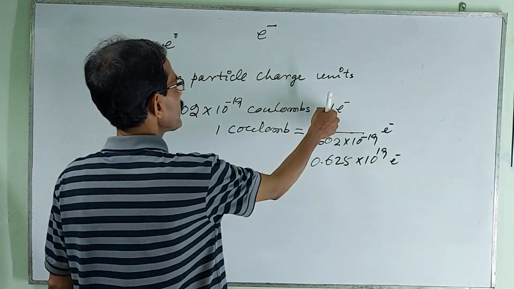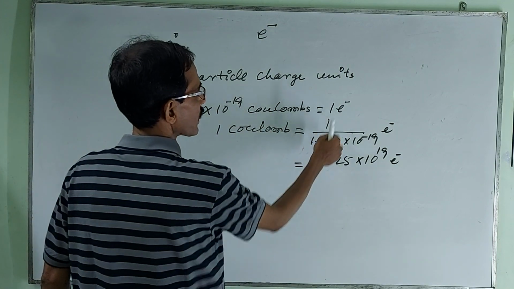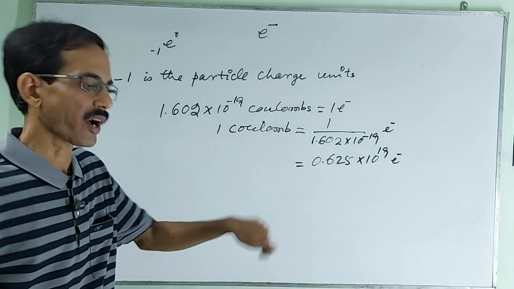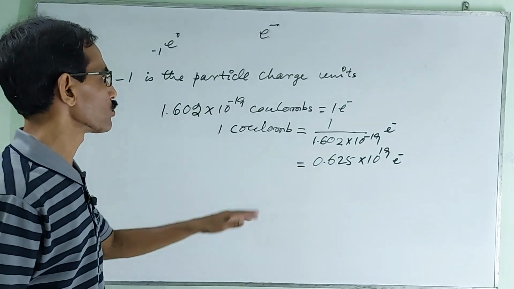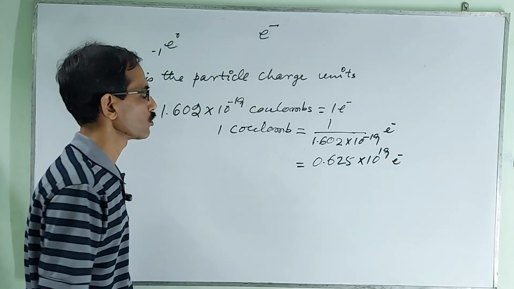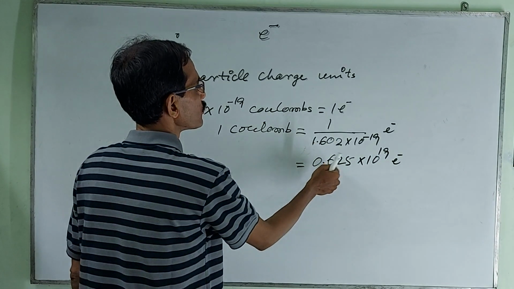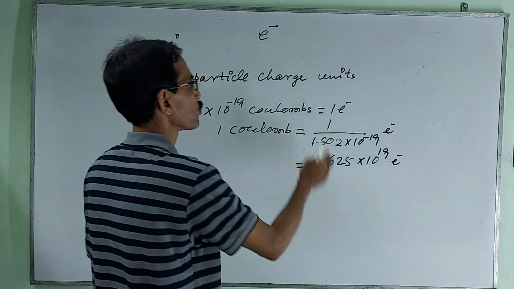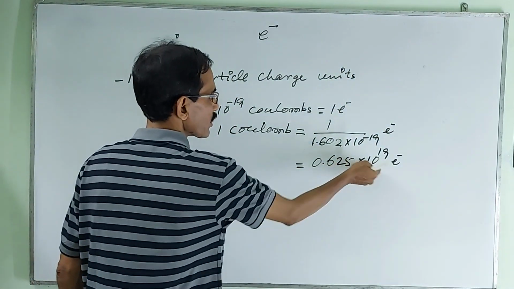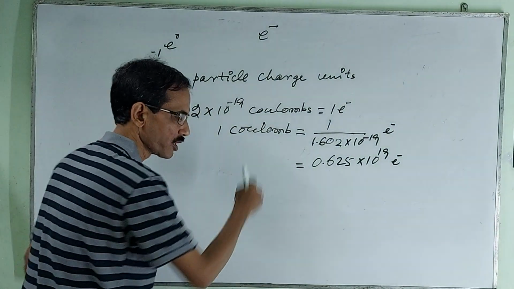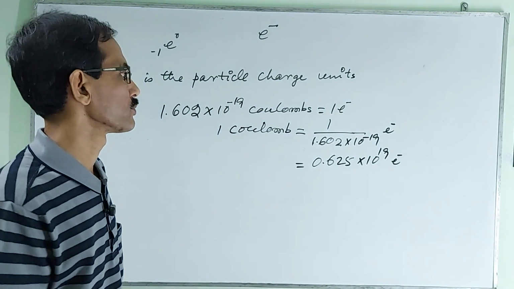This is 1 divided by this. This amount of electrons will have to pass if you want to pass 1 coulomb charge through the conductor. So this is equal to 0.625 into 10 to power 19 electrons. When these amounts of electron will pass through the conductor, then 1 coulomb charge will be passed.